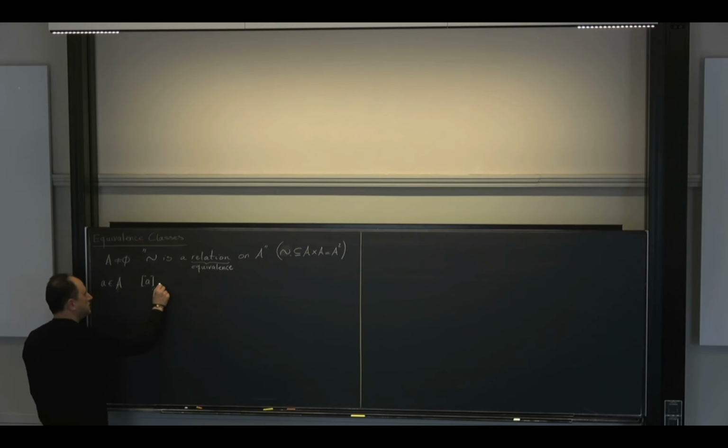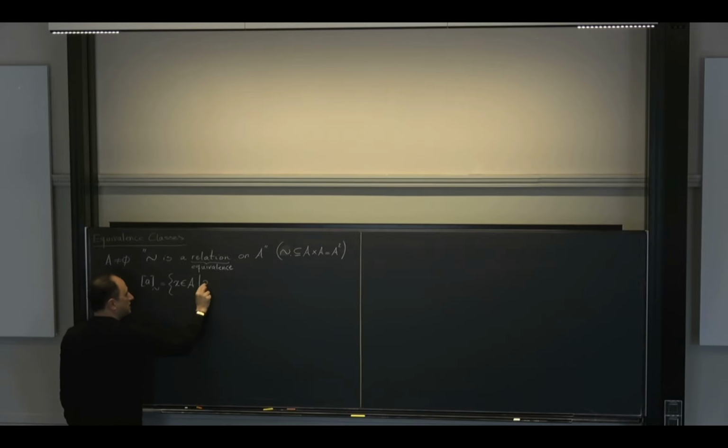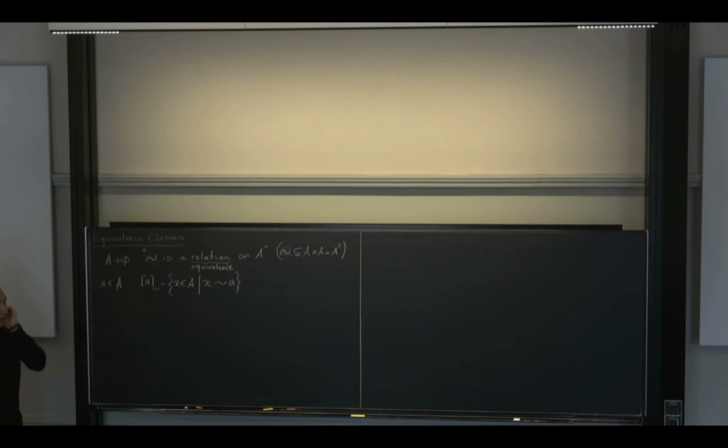So what is the meaning of this? This is a simple thing. It means all the elements which are related to this picked element. It means all x's in your original set such that x is related to the one you picked. A very simple concept.